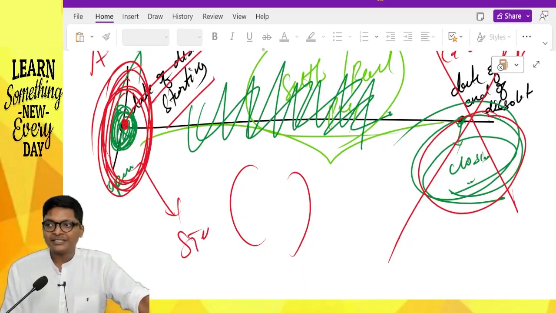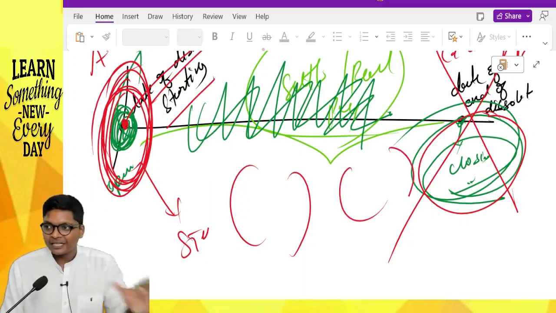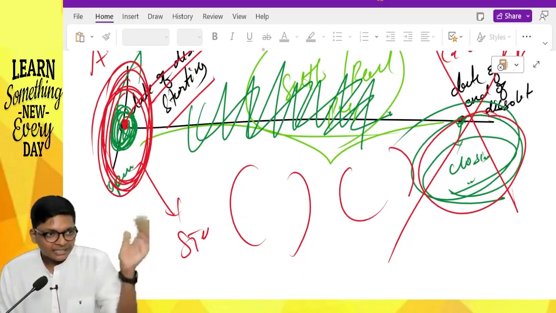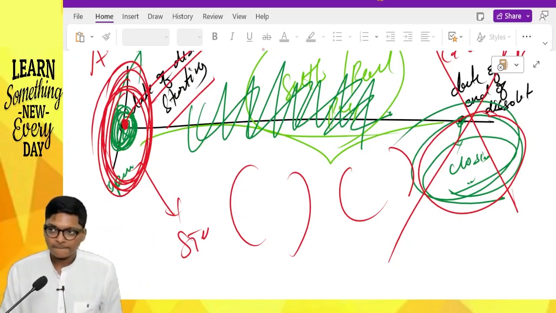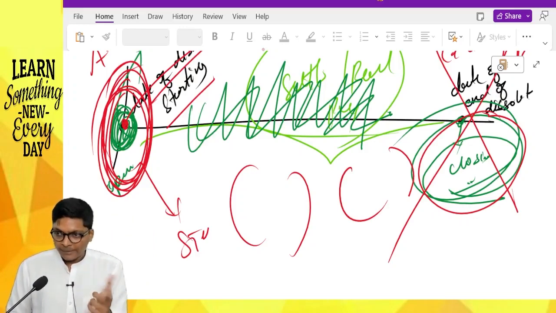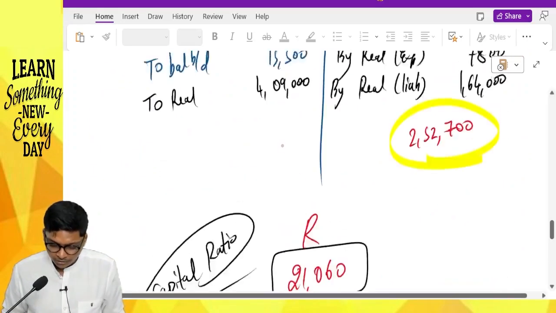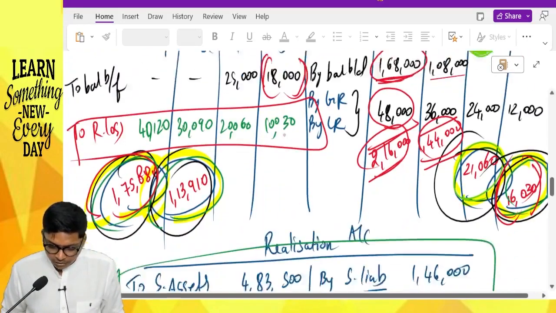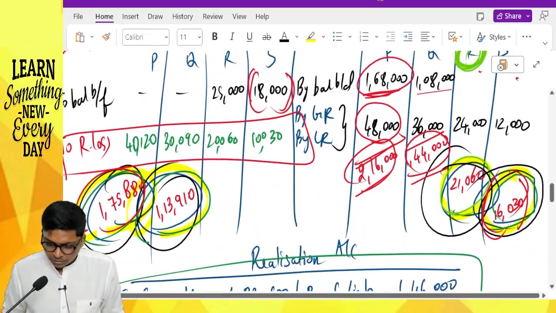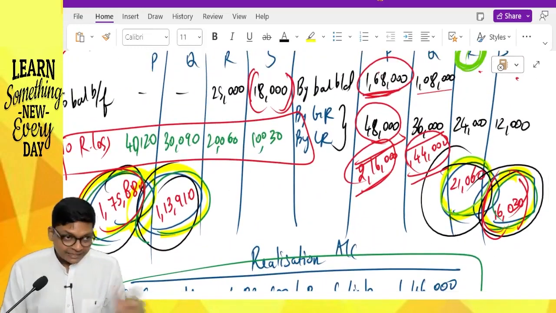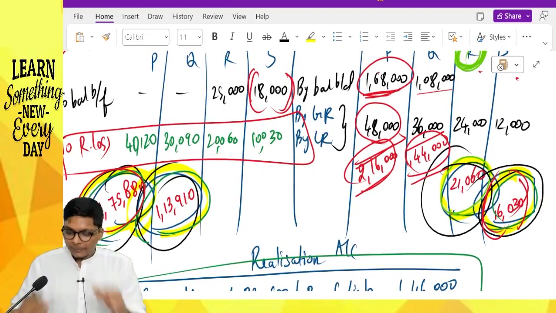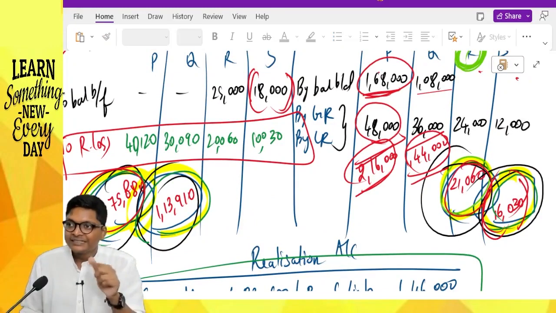See, in most classes they will say negative balance in ratio, so don't include him, take him out. He will pay his share. But see, I will show you. If you take S's share, what is S's own share? 16,000. That he will pay. He will make it 0. But he will not share 21,060.